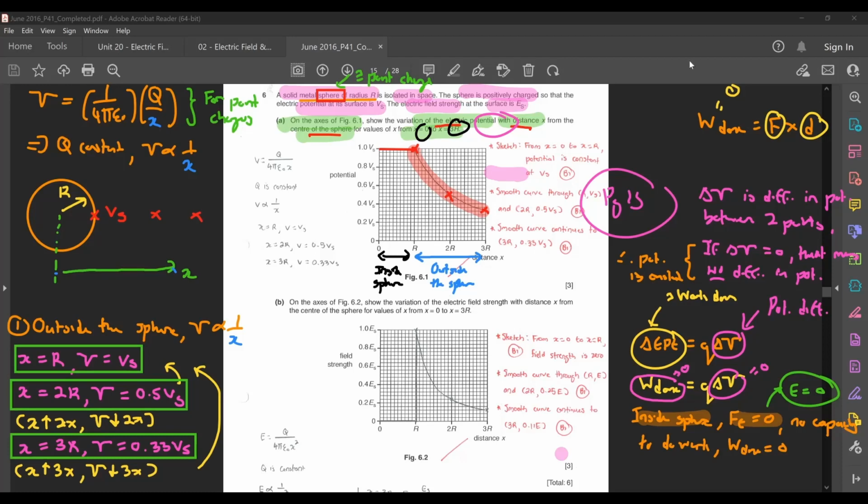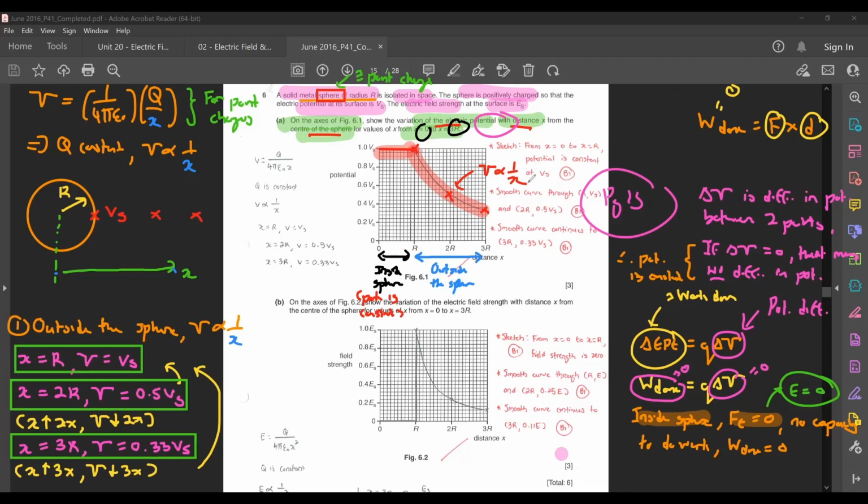Okay, this one would be your complete diagram. Okay, just make sure that inside the sphere, you indicate that potential is constant. Okay, then after that, you'll be all right. This one is because V is inversely proportional to x. Okay, so that's how you get this graph shape.